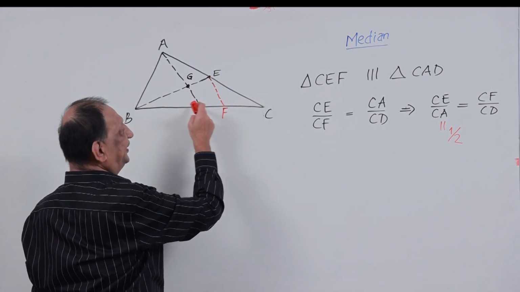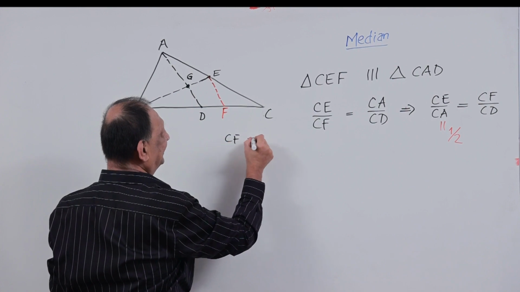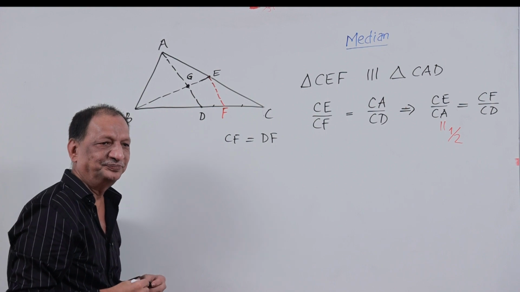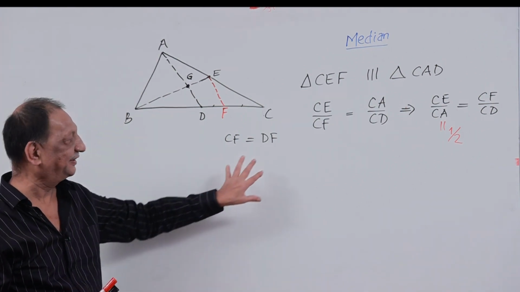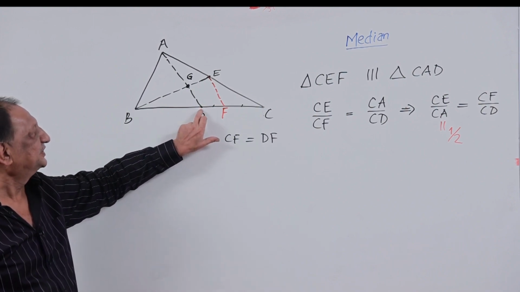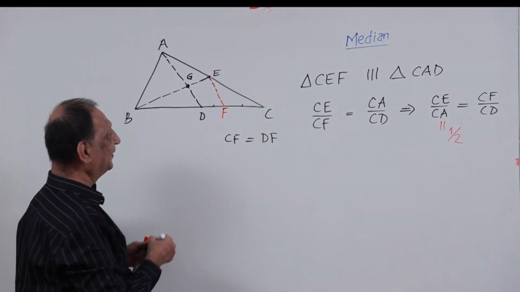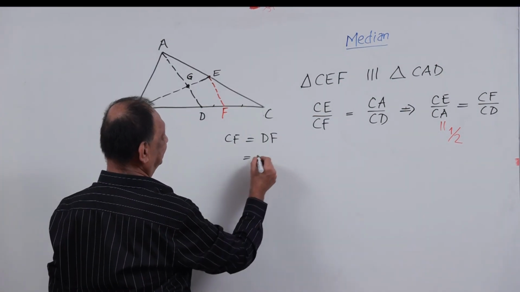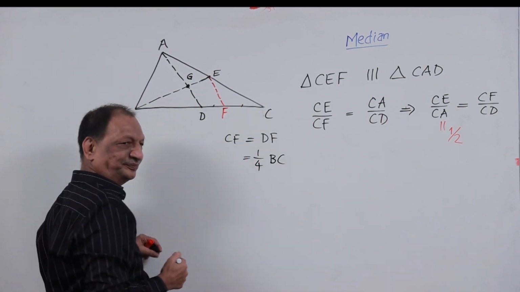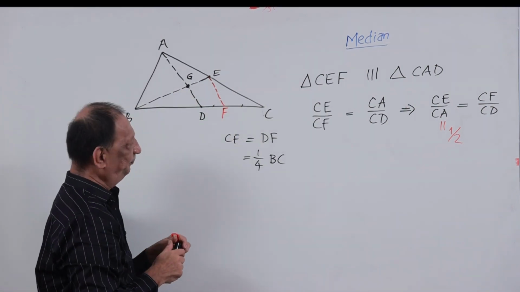So, if CF by CD is half, that means CF must be equal to DF. Correct, no? Now, on top of that, we have D, which is the midpoint of CB. Correct? Therefore, each of them will be equal to 1/4 of BC. Half of BC is CD, half of that is DF. Correct?